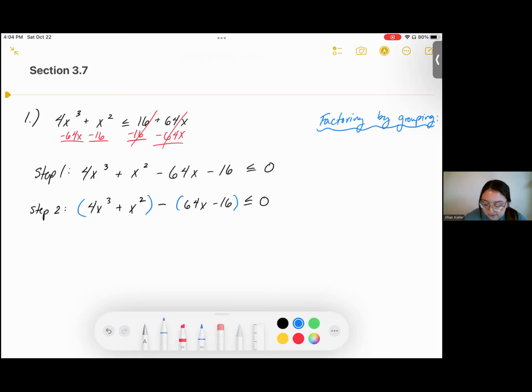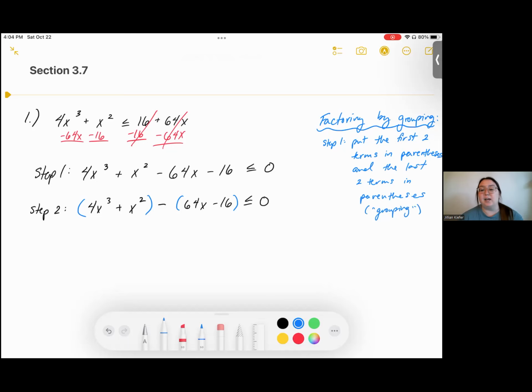So for factoring by grouping, we would say step 1 is to put the first 2 terms in parentheses and the last 2 terms in parentheses. This is that grouping part.